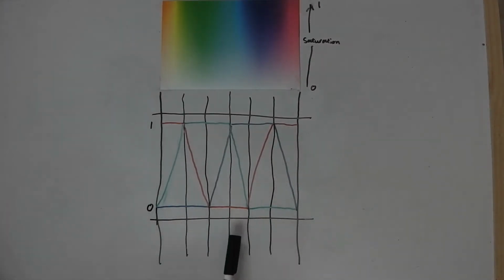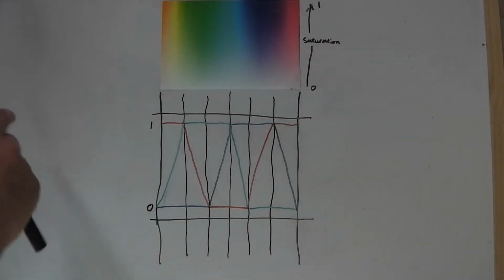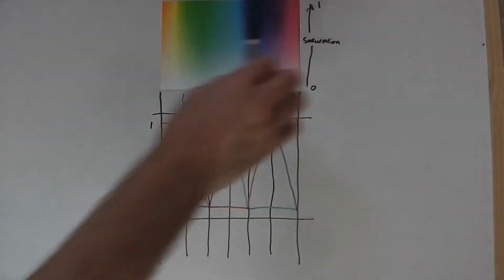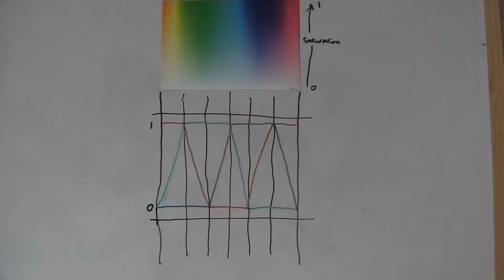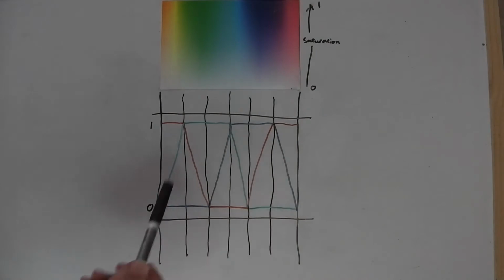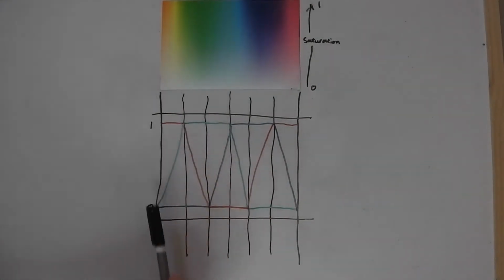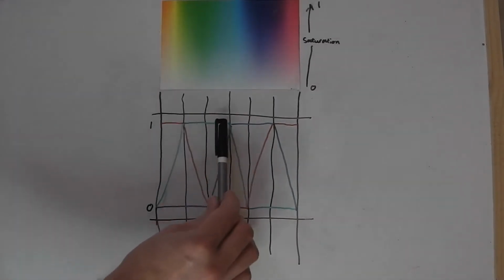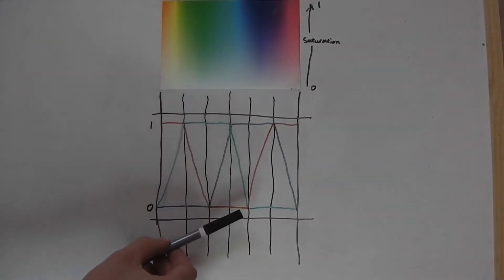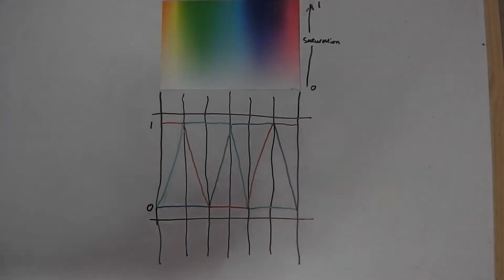Each of these segments represents 60 degrees and divides the whole 360 degrees of the hue axis into 6 equal size elements. The value of green for the first segment goes linearly from 0 to 1, stays at 1 for 2 segments, linearly decreases to 0 for one segment, and then stays at 0 for 2 segments. And similarly for the blue, you can see what's going on there.